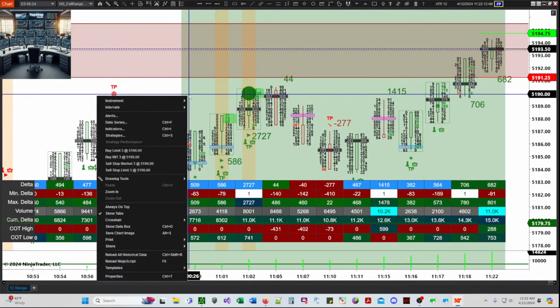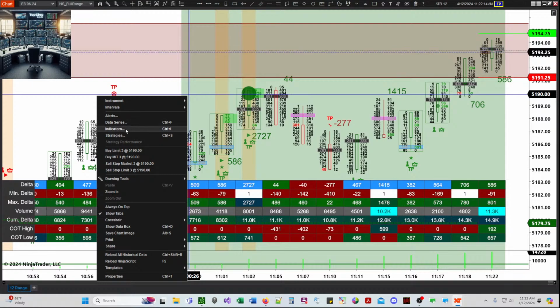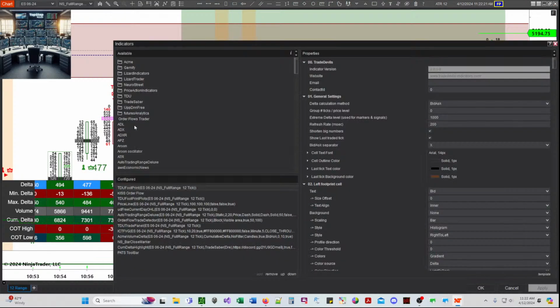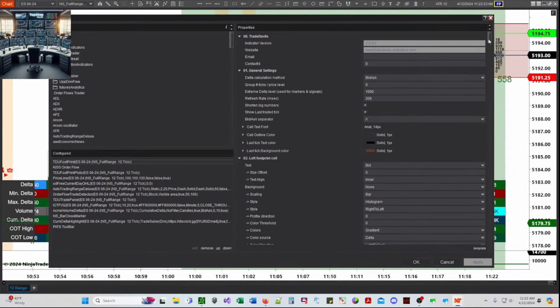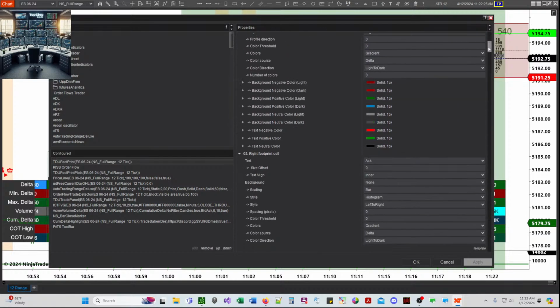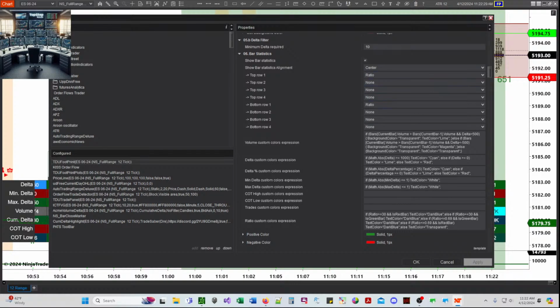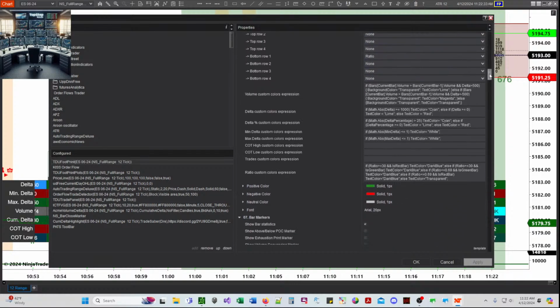And the TDU footprint, for those of you who are thinking about getting the TDU footprint, the plus side to TDU compared to Mike Valtos is, here's where your bang for your buck comes in. You can set custom alerts to whatever you want to see. You got to know how to program.